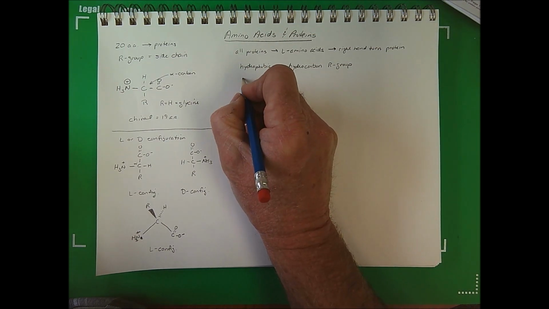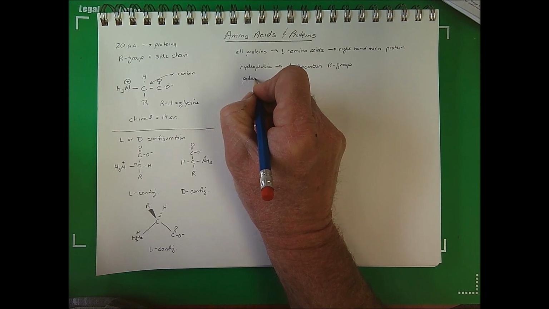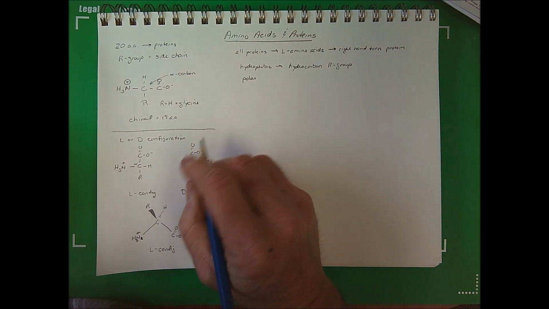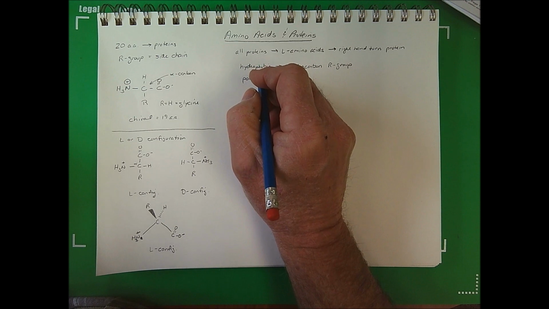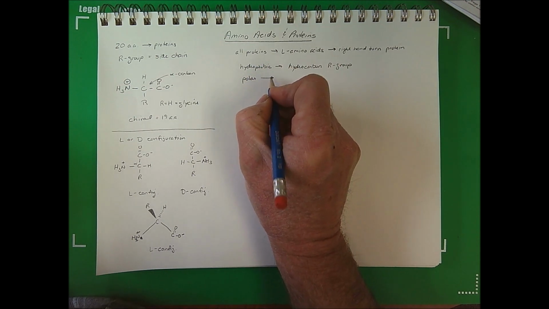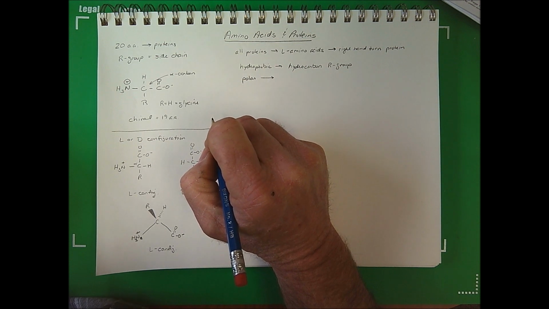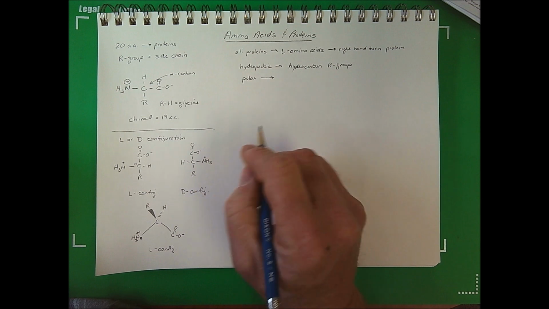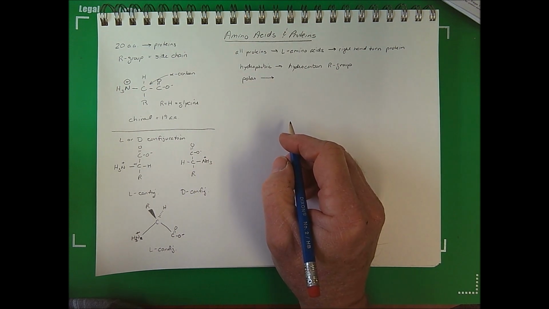We have other amino acids that will fall into the category as polar. Polar here means that there are strong electron withdrawing groups that can form partial charges and partial charge distribution.